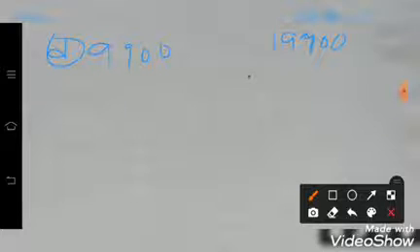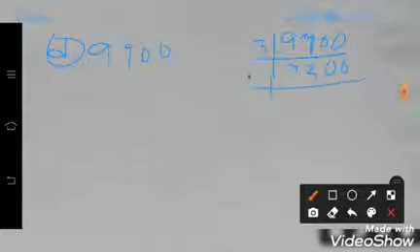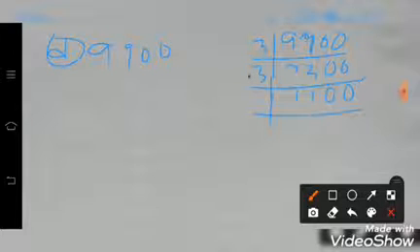Let's see by performing the prime factorization method. 3 3s are 9, 3300, and again here 3 1s are 3, 300, and here in the next step we can divide by 2. 2 2s are 4, 2 5s are 10, 1 carry, and again here 2 5s are 10, so 0.